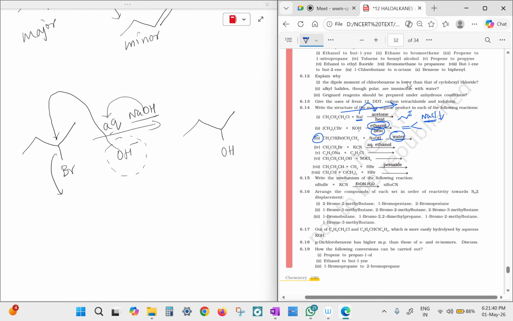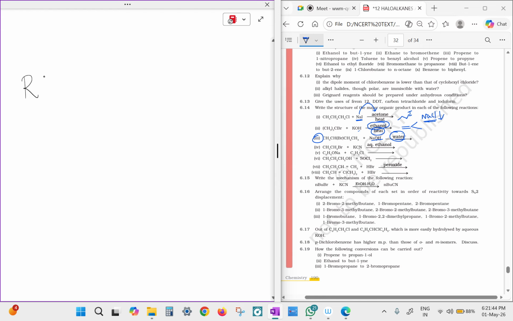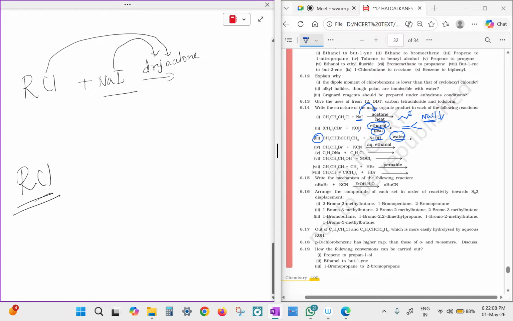Okay, the Finkelstein reaction's main objective was you take an alkyl chloride or bromide, treat it with sodium iodide, which is not so ionic, so it dissolves in dry acetone. Okay, it is soluble. Remember, the RCl is insoluble in water, right?